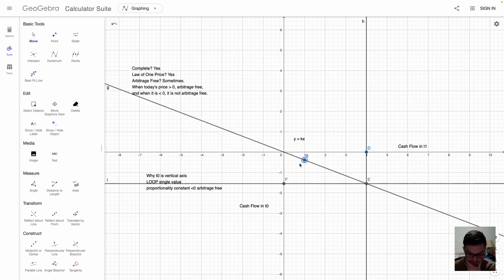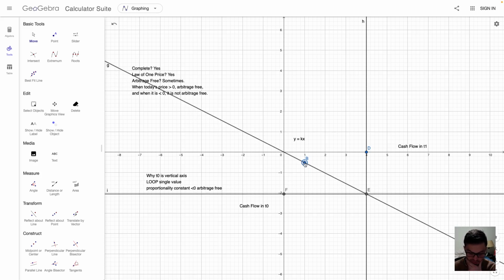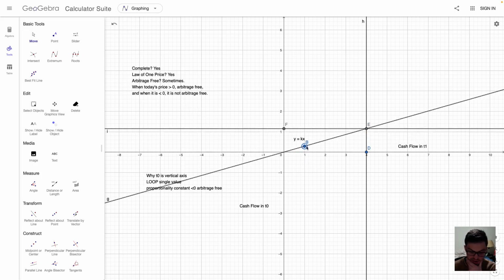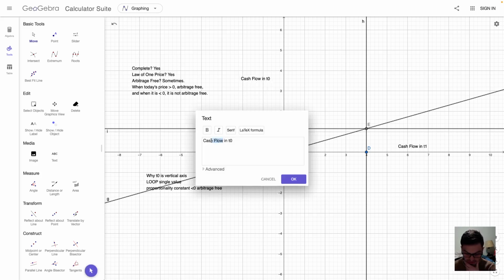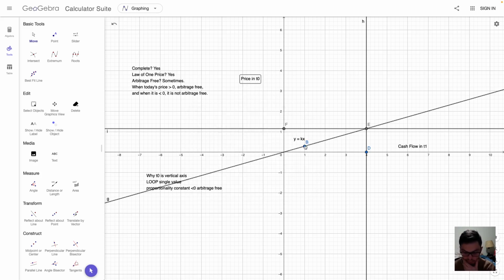Depending on whether you're talking about cash flow or price: if you're talking about cash flow, k needs to be negative for arbitrage free, and if k is positive, then you have an arbitrage. But if you're talking about price, then that flips, and a positive k means arbitrage free.